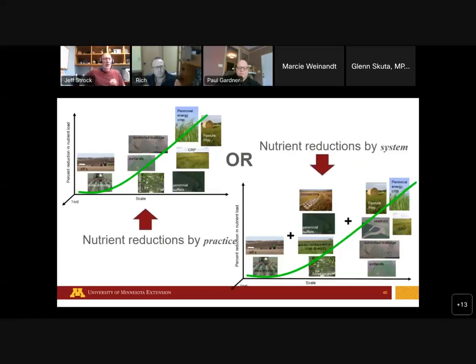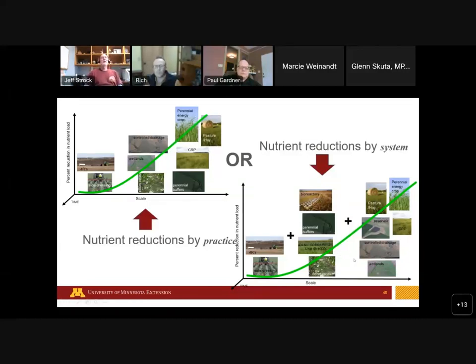I'll leave you with this. There's different ways to think about this. We can think about nutrient reductions by practices. So these are representing just the nitrogen practices, if you remember that bar chart that I showed early on with the brown bars, the green bars, and then the blue and the orange bars. And as we implement those, we can increase the reduction of nutrients.